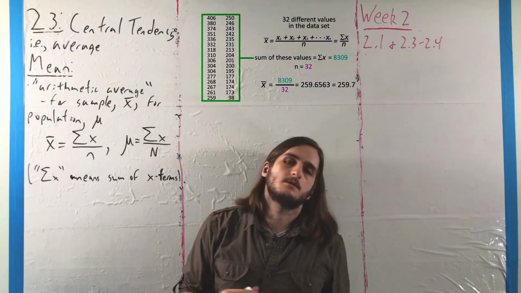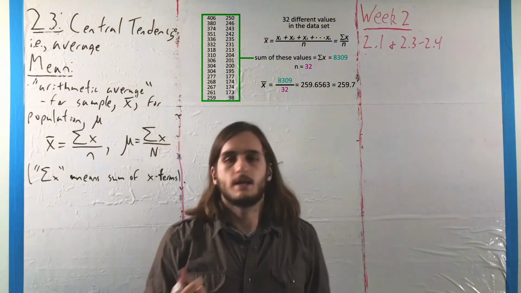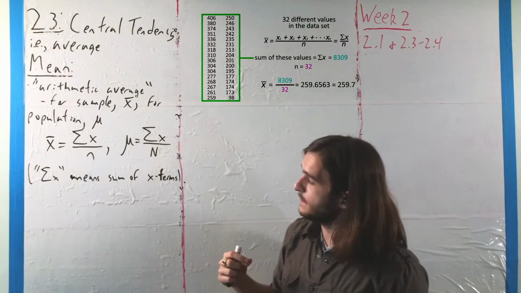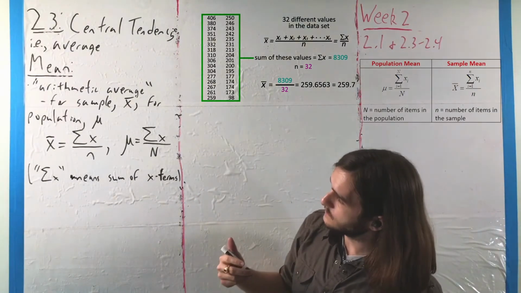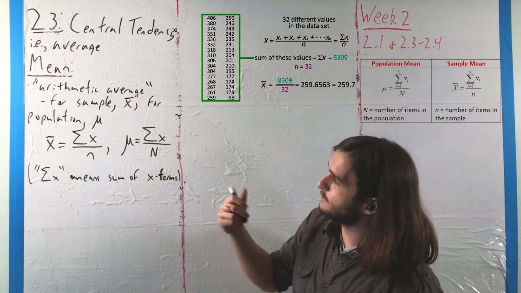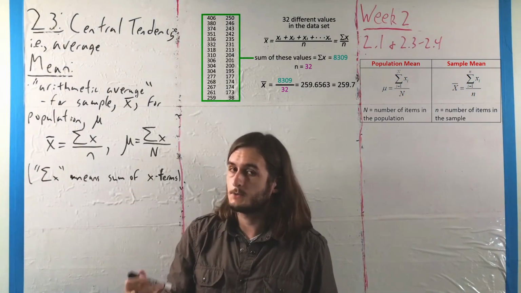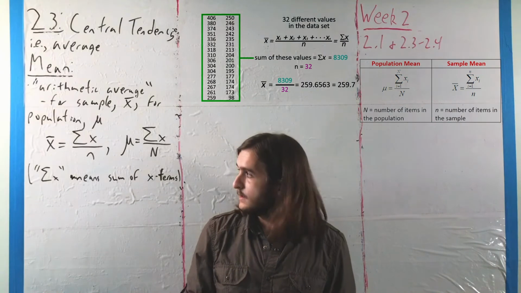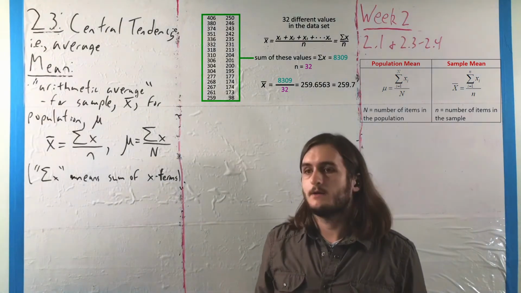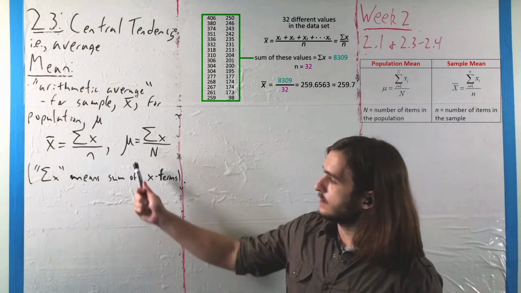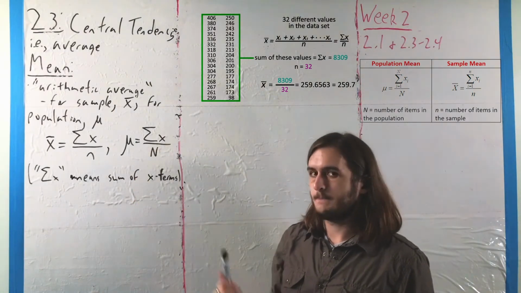Because we're talking about both populations and samples, we have slightly different ways to talk about it. The sample mean is denoted x with a little line over it, read x bar. Meanwhile, the population mean is the Greek letter mu.